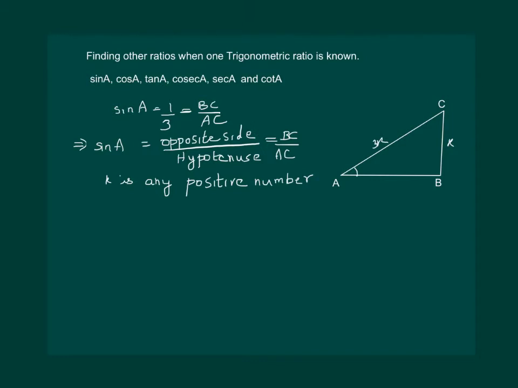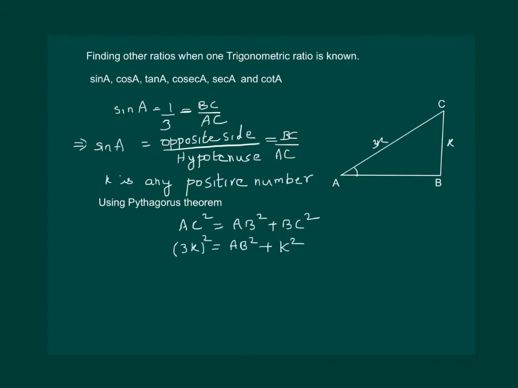Now, to find the other ratios, we need the length of the third side. So we can use Pythagoras Theorem and find AB. We know that by Pythagoras Theorem, AC square equal to AB square plus BC square.